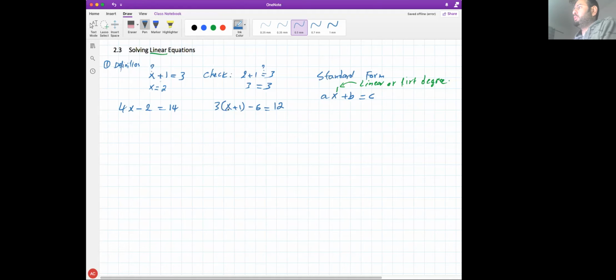We're going to do all these and even some longer ones, with parentheses on both sides. So maybe an expression like this on both sides, and we'll see how to simplify and solve each one of them.